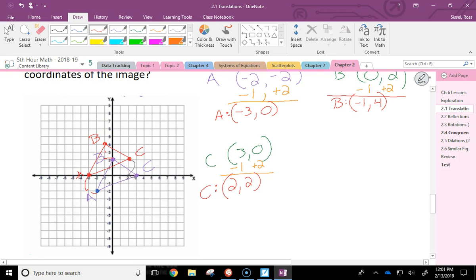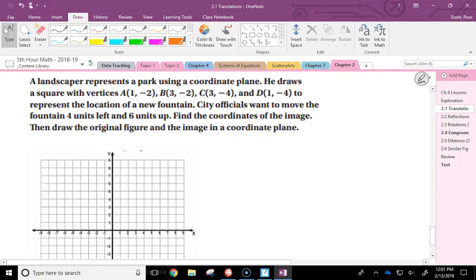Okay, last thing for you to do, and then I'll talk about your homework, is this is in your foldable. It says translation, it's the pink sheet. So the first thing I want you guys to do is go ahead and plot these points. It said, a landscaper represents a park using a coordinate plane.